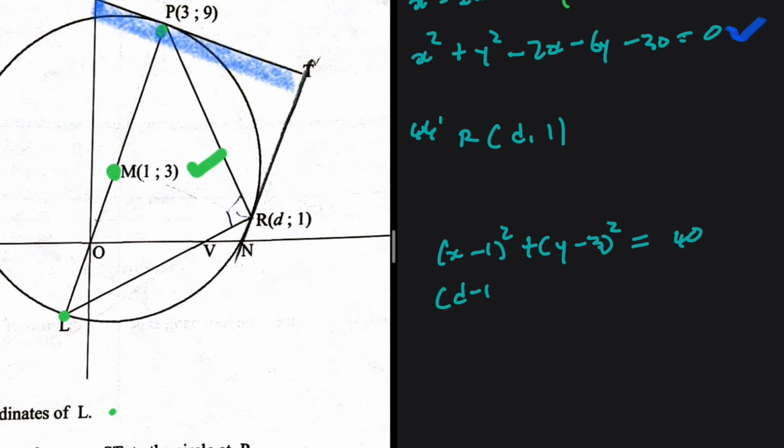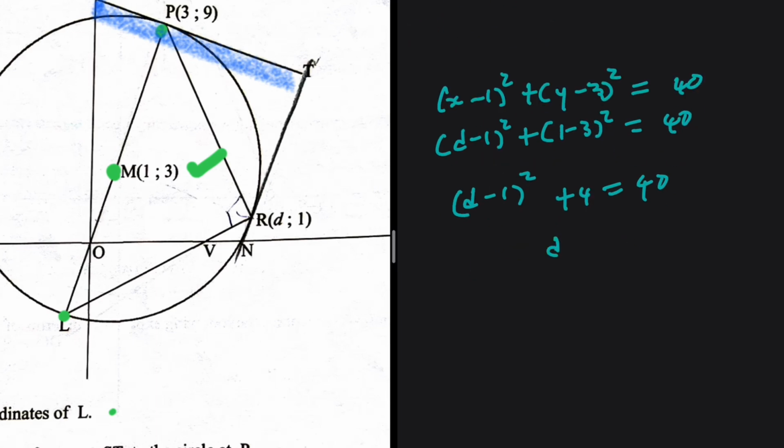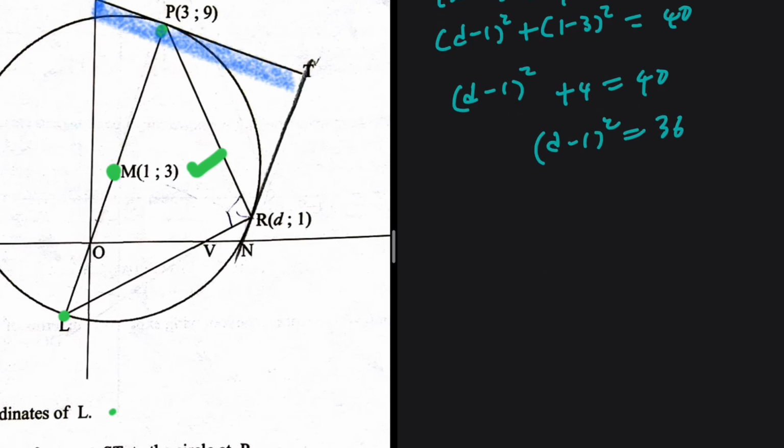So we have d minus 1 squared plus 1 minus 3 squared equals 40. So d minus 1 squared, 1 minus 3 is minus 2, we square that, we get plus 4. So plus 4 equals 40. So d minus 1 squared equals 36. I can take square roots on both sides. D minus 1 equals, well, plus or minus, okay, d minus 1 equals 6.